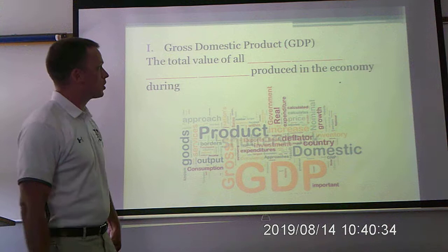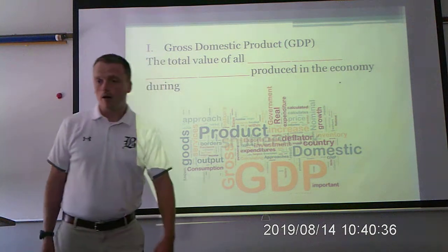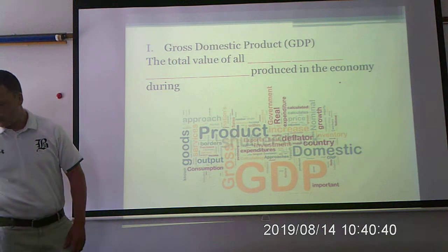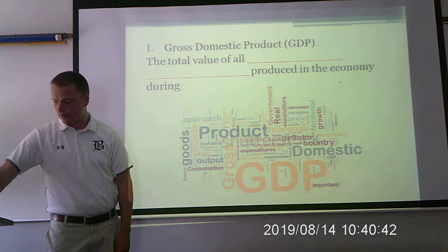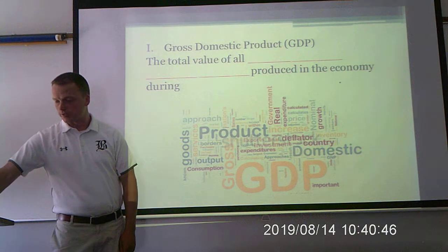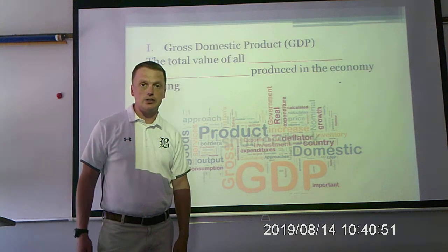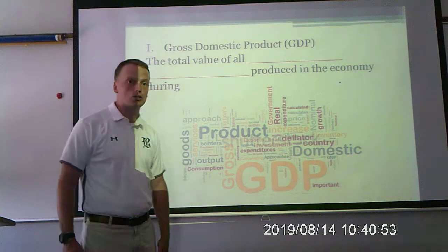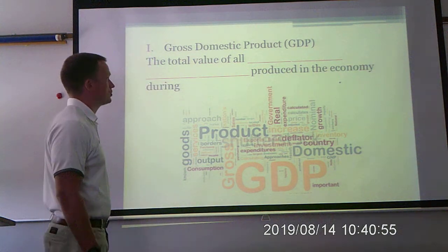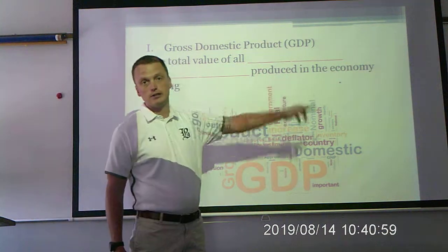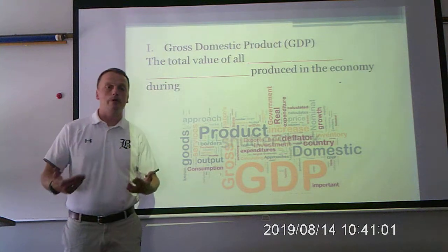So GDP is the total value of, and I want to get the wording exactly right, the total value of all final goods and services produced in an economy during a given year. So that's going to be our definition.